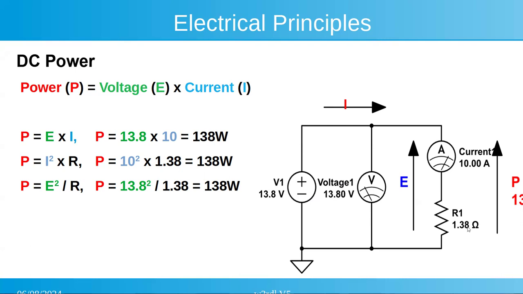And if we had a 1.38 ohm resistor or load here, we're going to have 10 amps of current through it, right? So 13.8 divided by 1.38 is 10. So how much power do we have dissipated in that resistance or that load?